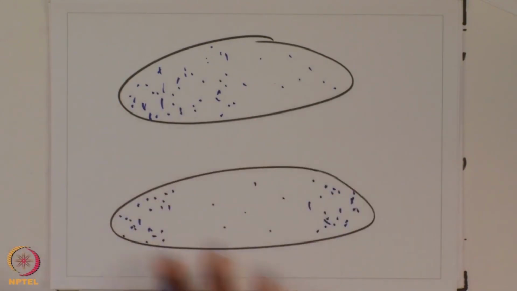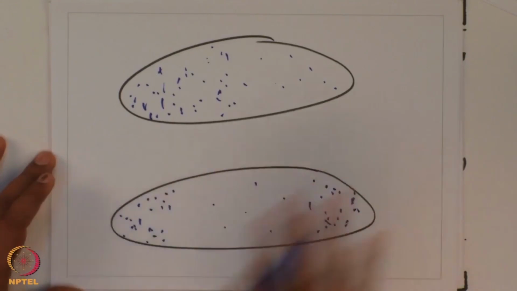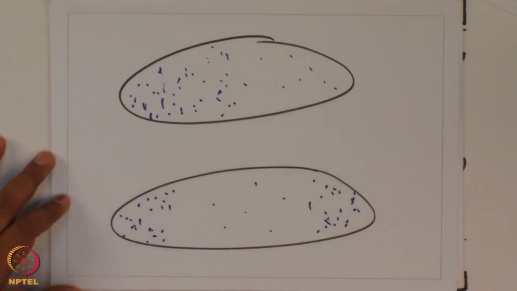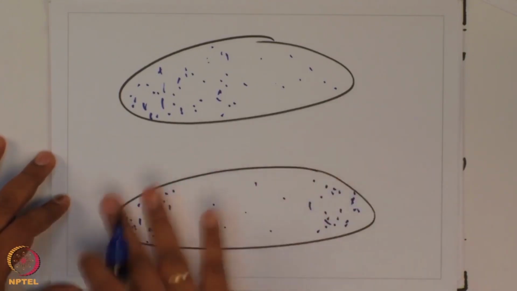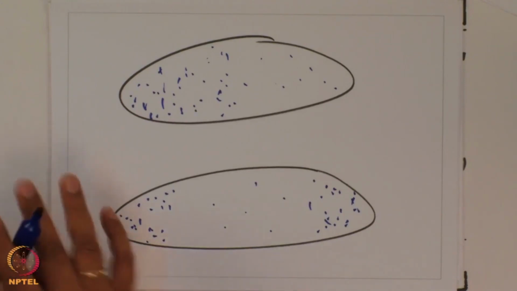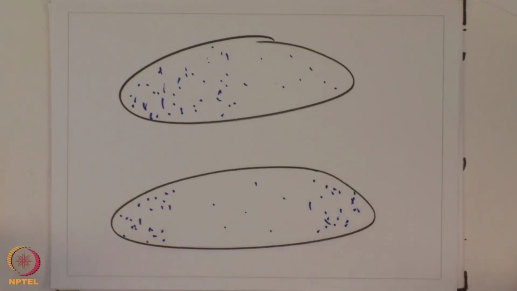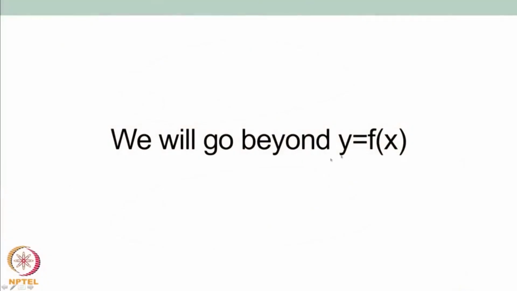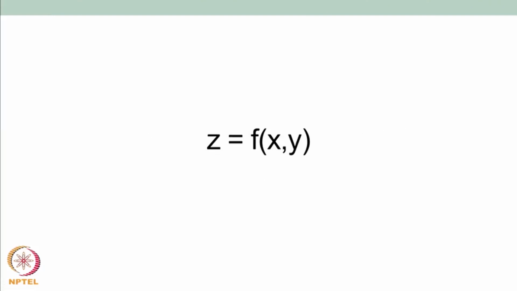Now if you take this image that you get from an experiment, these are 2D images in some sense. If you want to represent this mathematically, how will you represent it? What we have been doing so far is y is equal to f of x, so we had one x-axis and a y value. We have to go beyond this and write z is equal to f of x comma y.